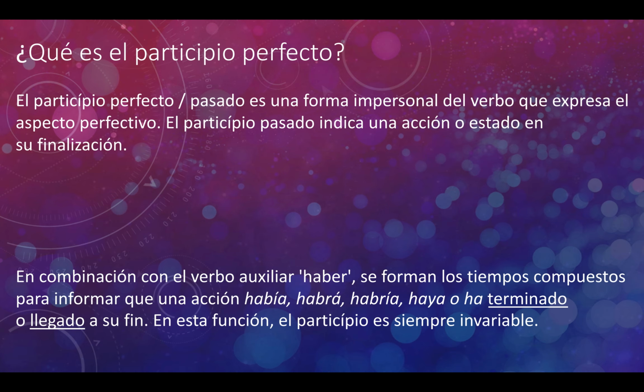And this tells us whether an action had been, will have been, would have been, may have been, or has been finished, or has been completed. So in this function, it's an invariable form. Unlike Italian or French, the past participle does not need to match the gender of the subject, so it will not change.